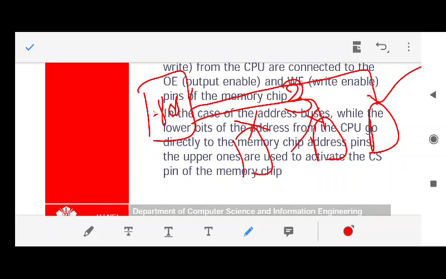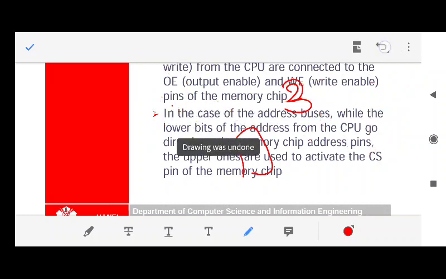And how to disable and enable the memory? How to select that chip? There are some address lines which are remaining. The remaining address lines will be used to select which chip is used. This point will be clearer when we see the examples directly, because examples will make it more clear. Let's go to examples directly.